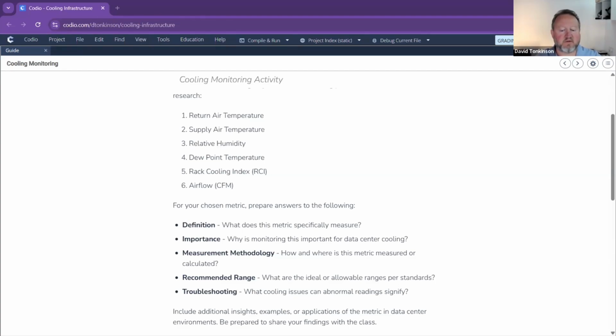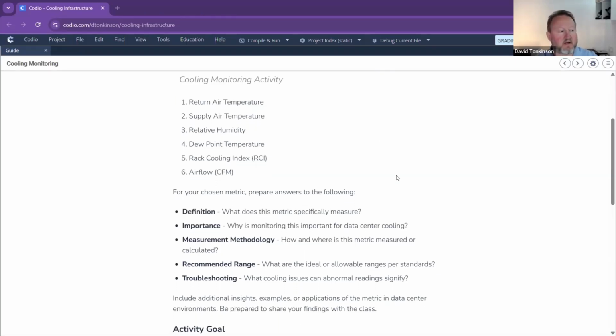Who fancies doing return air temperature? Literally all I'm after when you volunteer for this is to post in the live chat a definition, the importance, measurement, recommended range, and any troubleshooting.